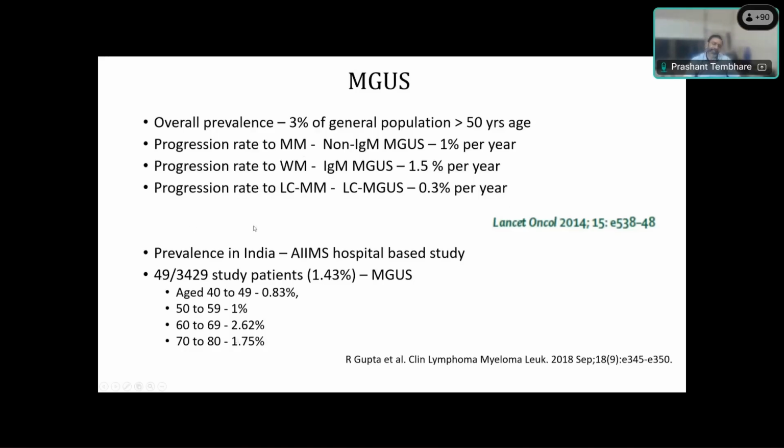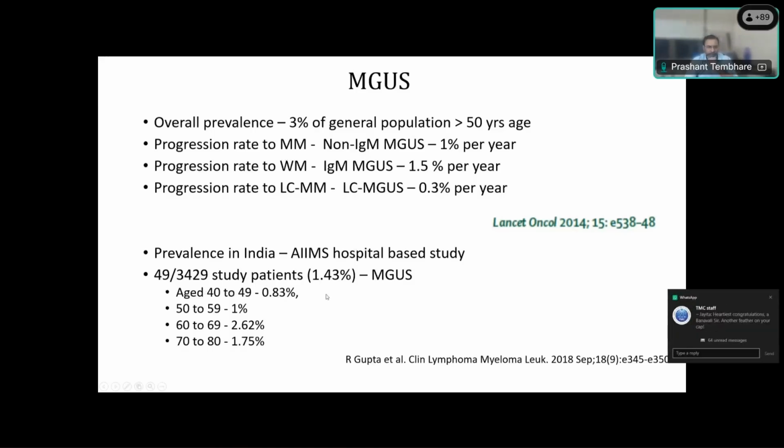In India, there is limited data. Hospital-based registry data is available, but general population data is not available in India. It indicates that the MGUS rate is lower in the Indian population, at least in hospital registered data from AIIMS, which is 1.4% as compared to 3% in patients more than 40 years.